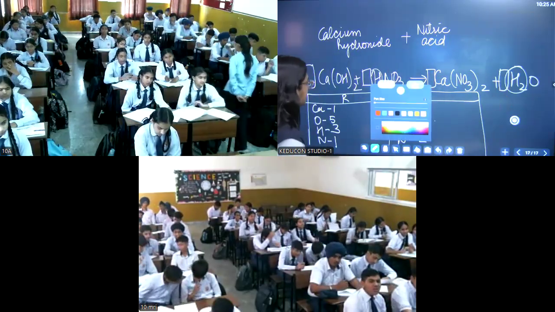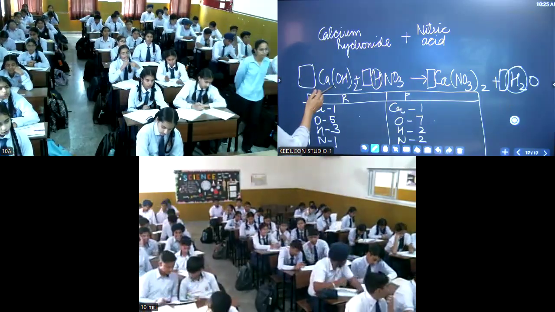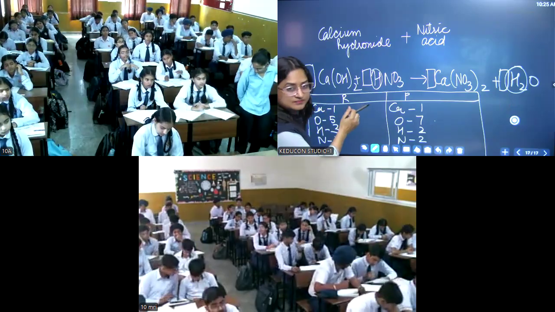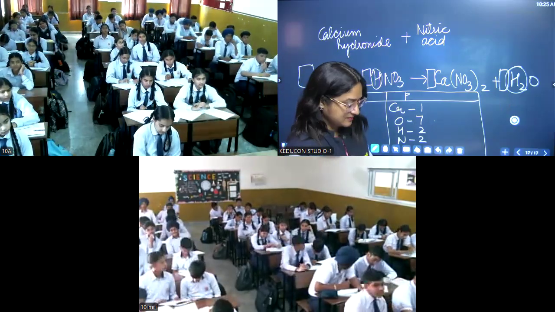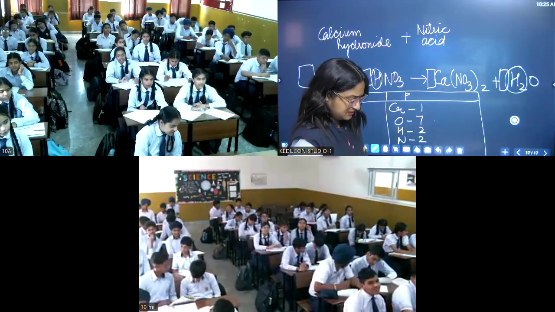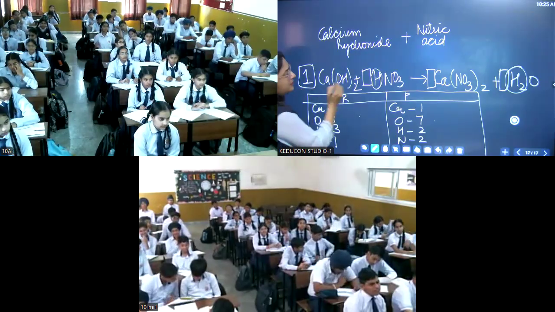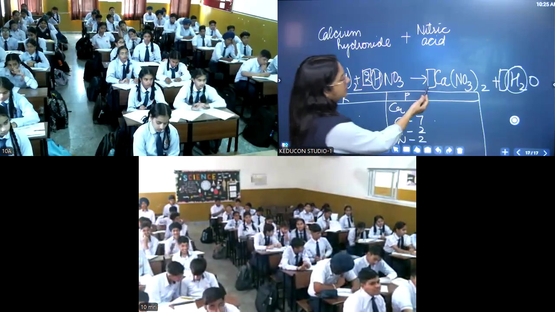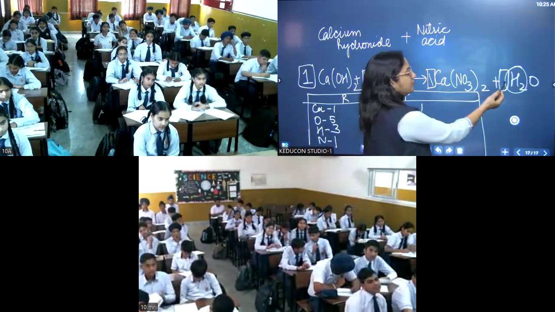Tell me what is the change in coefficients here. How many calcium hydroxide? 2HNO3. I was asking you what is the number here. This is 2HNO3. And what is the coefficient here? And what is the coefficient here?